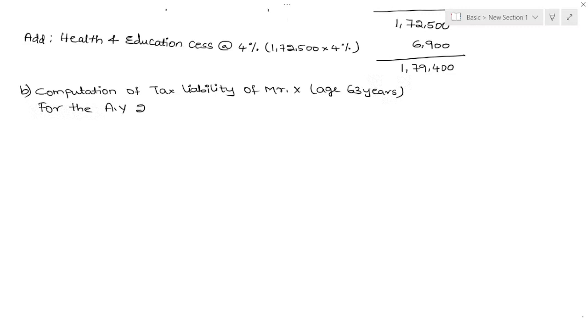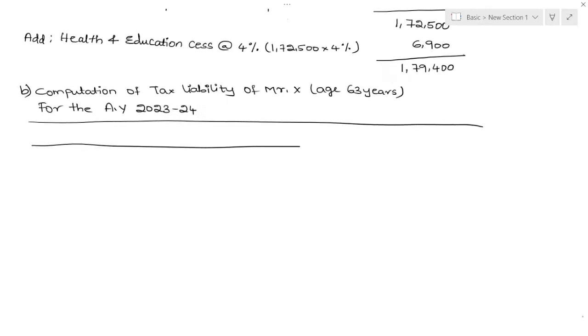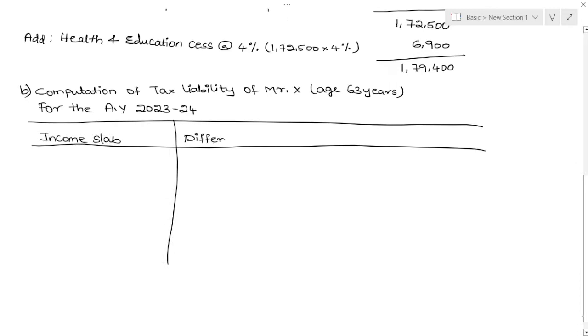Now again we'll draw the table. Income slab, difference, tax rate, tax amount.